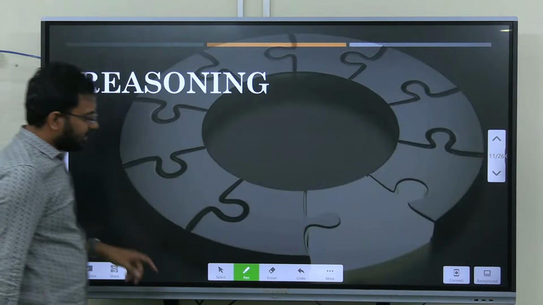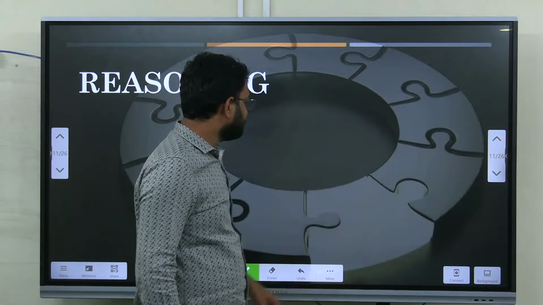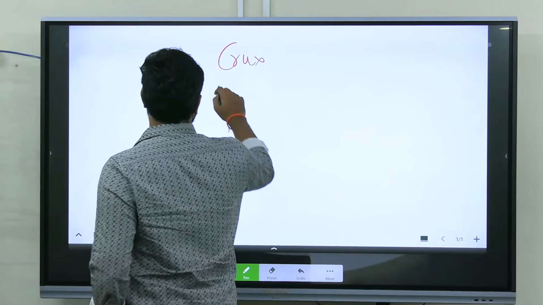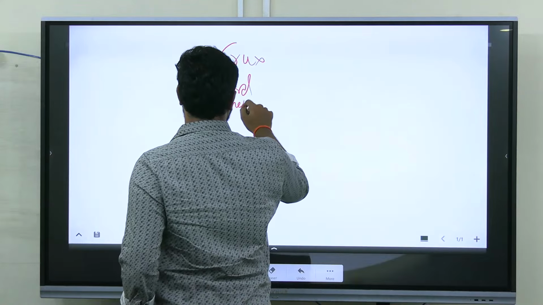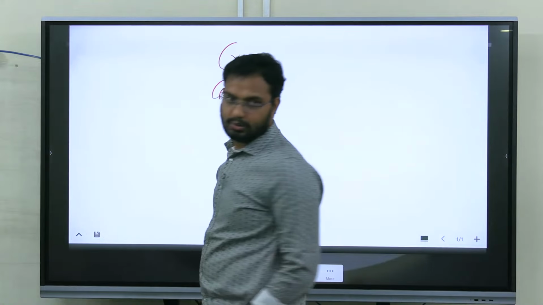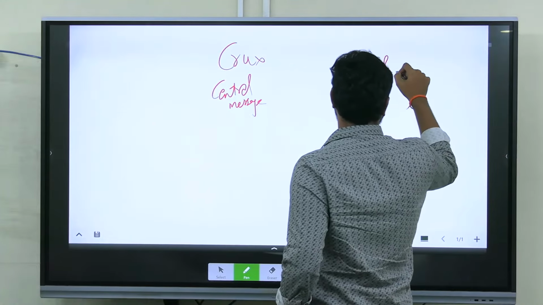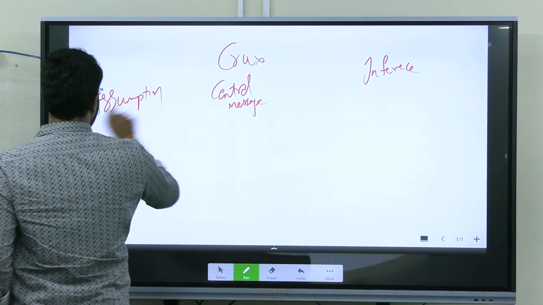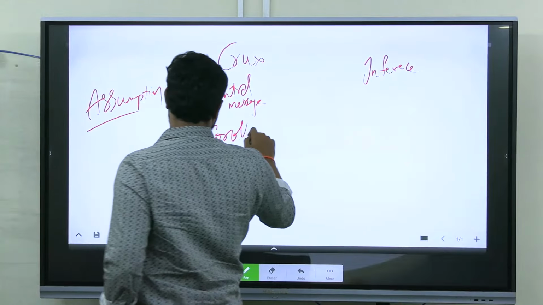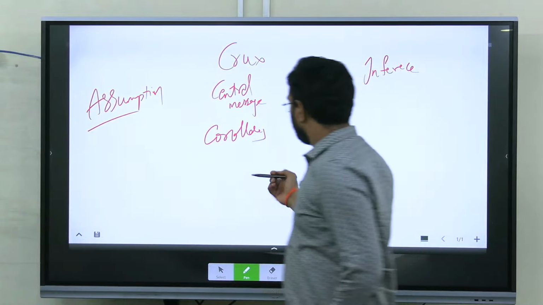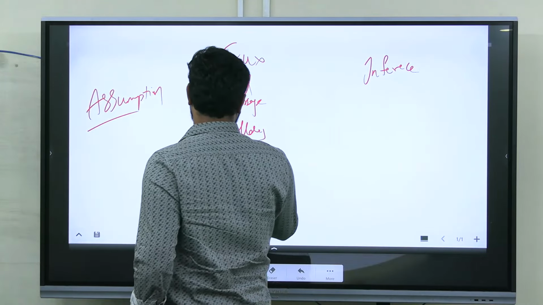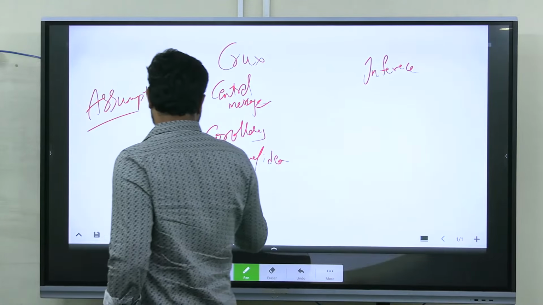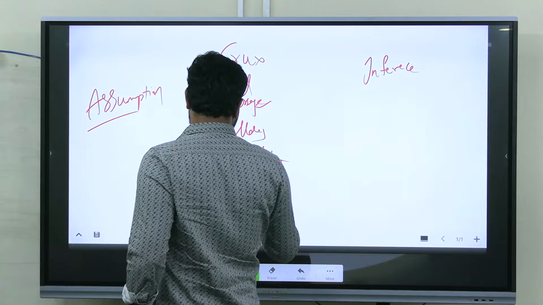Okay na. So from understanding all this, what did you observe? Now tell me, what are the keywords we got? Crux, central message, inference, assumption, corollary, central theme, central idea, so central message. Sometimes explanation.